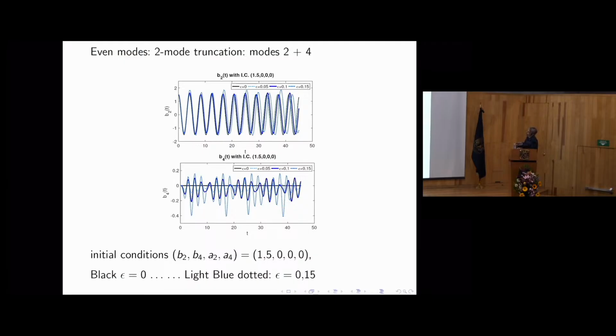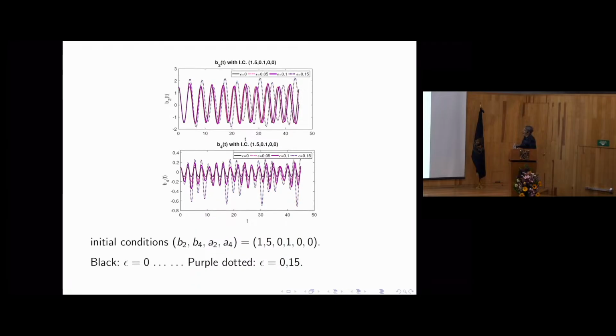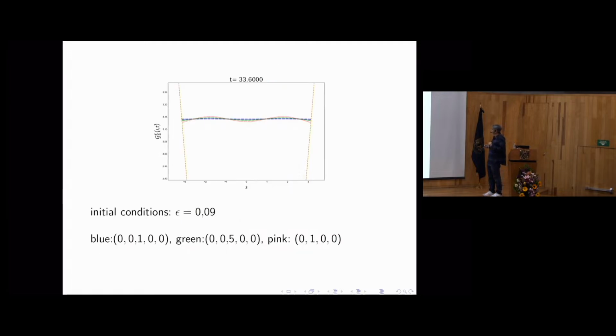For example, transfer of energy from mode 2 to 4. Here I'm using the fact that we have an invariant subspace, the even modes, which in fact simplifies the problem originally. We see some effects of non-trivial modulation when we have initial amplitudes in the first modes. But again, we have to keep the amplitudes quite small, and to visualize how small, this is the shape of the free surface with some of these motions.